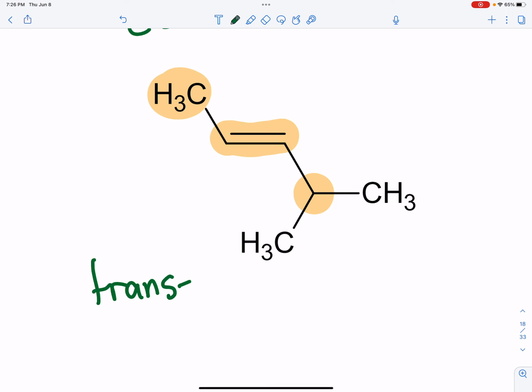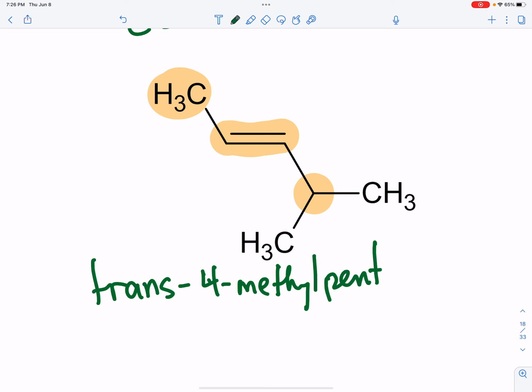Its full name, if you want to pause and try to finish the name, would be trans 4-methylpent-2-ene. That would be its full name.